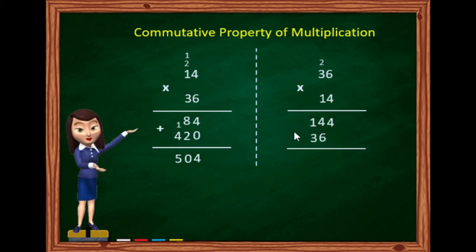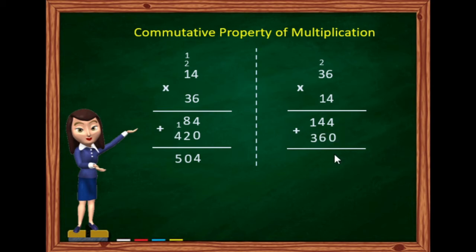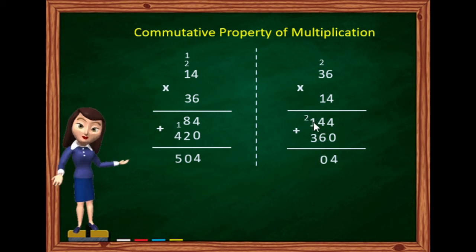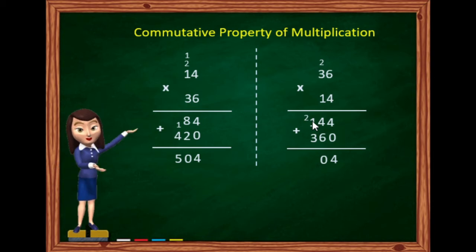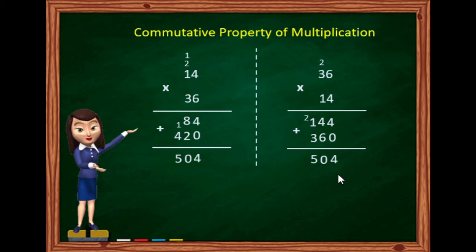Again, you can put 0 as a placeholder before you add them together. 4 plus 0, you have 4. 4 plus 6 equals 10. Bring down 0, carry 1. 1 plus 1 equals 2. 2 plus 3 equals 5. So our answer is still the same. We have 504 and 504.